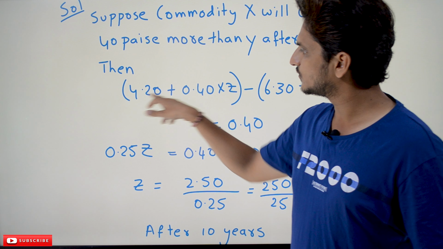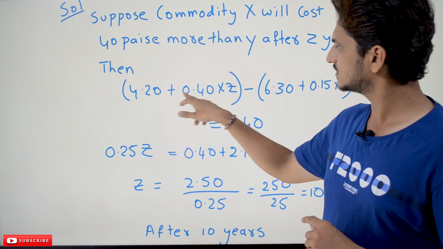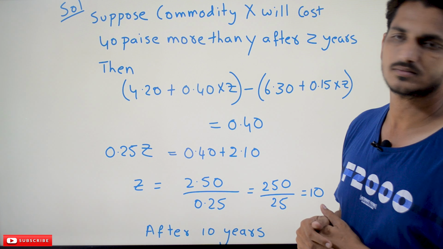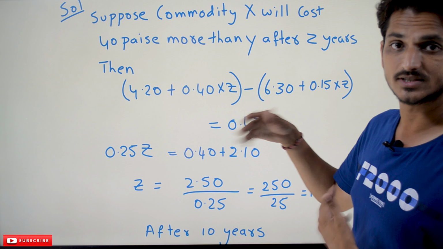Initially it is 4 rupees 20 paise plus every year it increases by 0.40, means 40 paise, multiplied by Z after Z years.